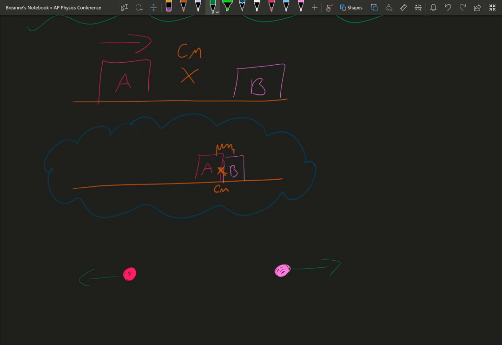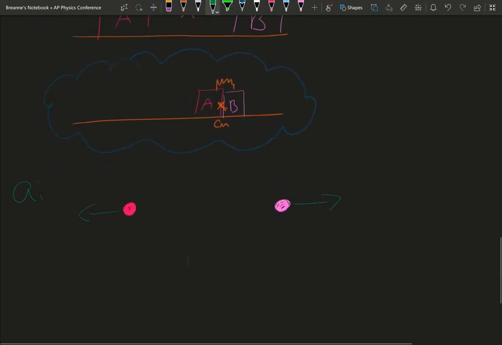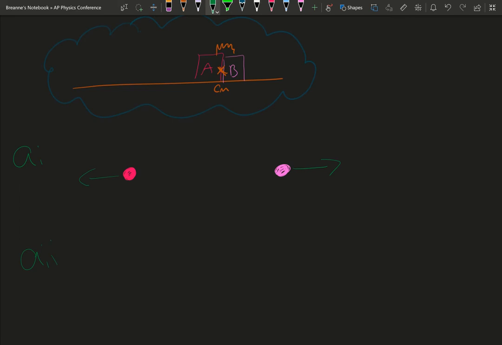Even on this one, you don't get any point for selecting the right one, you just get a point for explaining. But your center of mass's speed would end up staying the same.